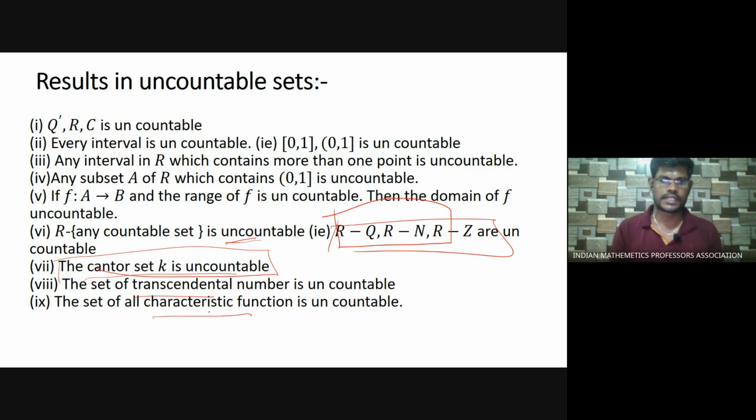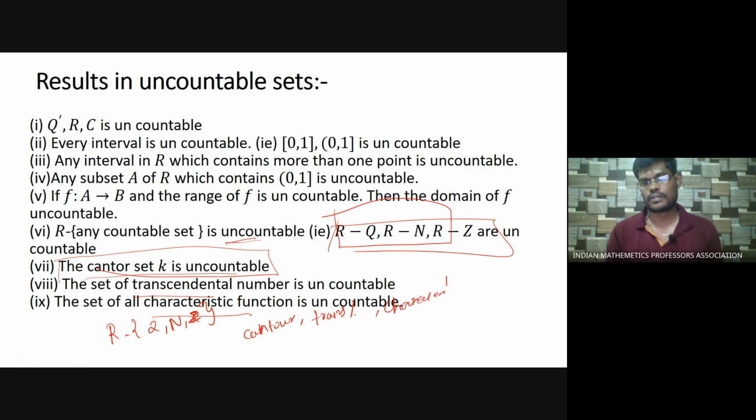So we can make one note: R minus Q, R minus N, R minus Z are all uncountable, and the Cantor set, transcendental numbers and characteristic functions are all uncountable.